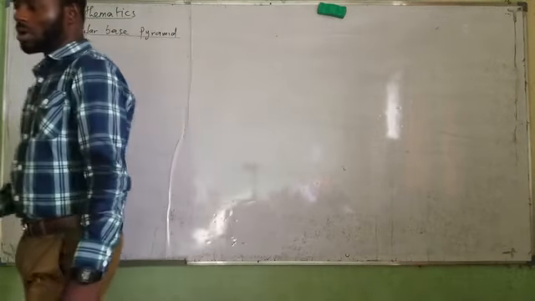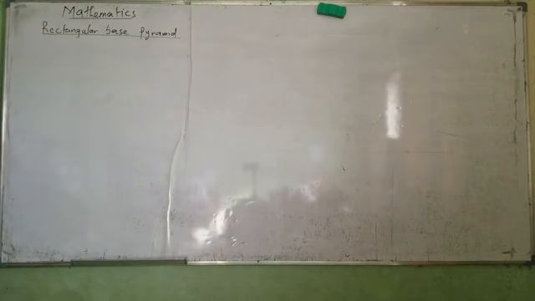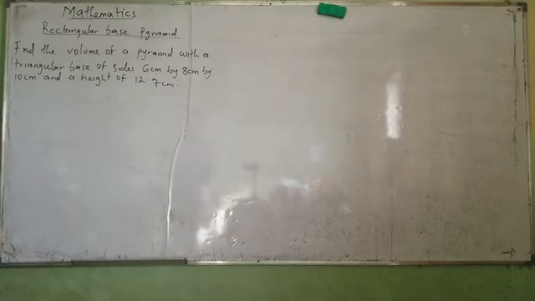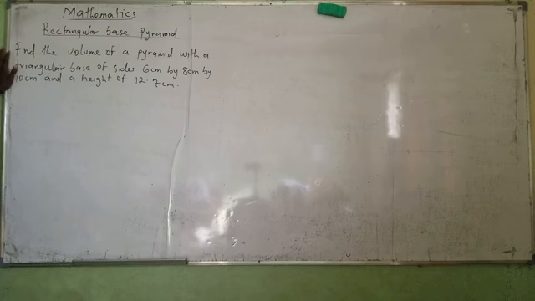Now, okay, look at this question. I have one question here that I want us to work on. It's quite different from the one we have been talking about. Now, this is triangular base pyramid.